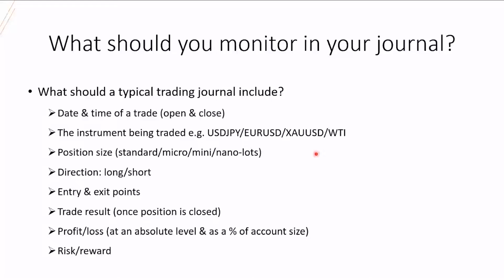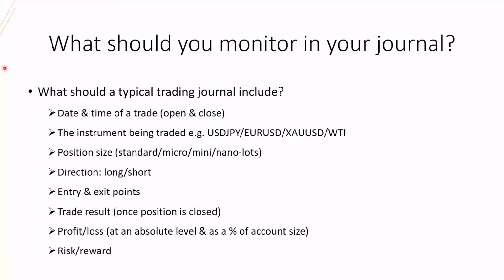Okay, so next is, once we have the trade result, of course we will know whether the trade was closed for a profit, loss, or perhaps even at break even. Right, so profit and losses should be calculated at an absolute level. That means in dollar terms, and also as a percentage of your account size, right? Because this will help you to determine your risk reward ratio as well.